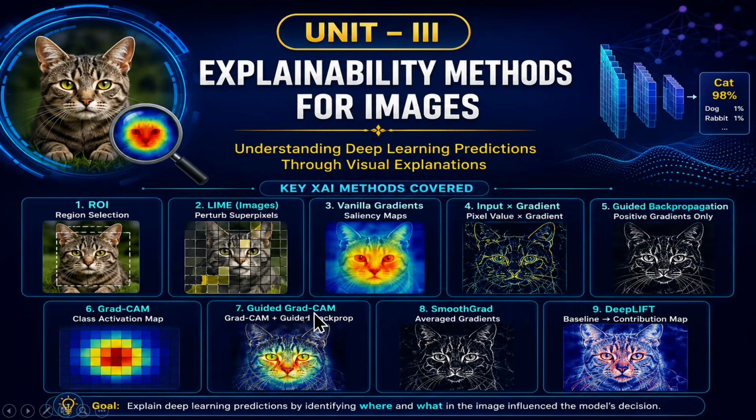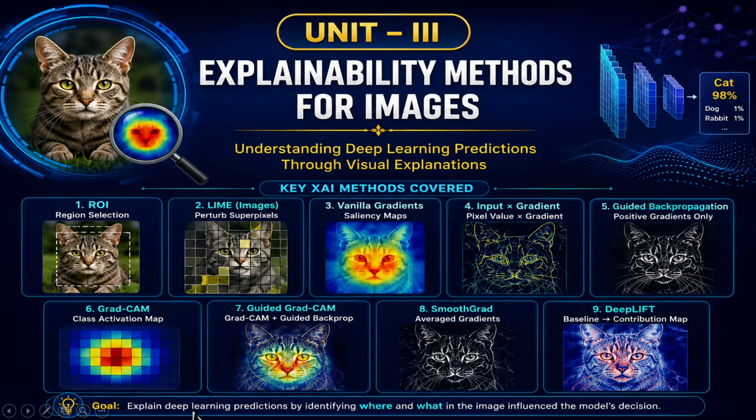And guided Grad-CAM is combining Grad-CAM and guided back prop. Here fifth technique and sixth technique. When you combine both of these, you get the seventh. And this is another technique, SmoothGrad. This output also you can see some kind of a feature map, and DeepLIFT is also here. It is a visual explanation output.